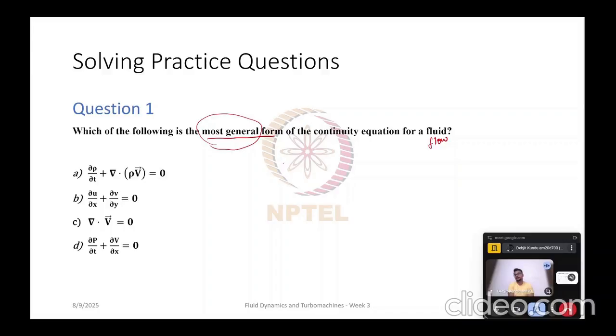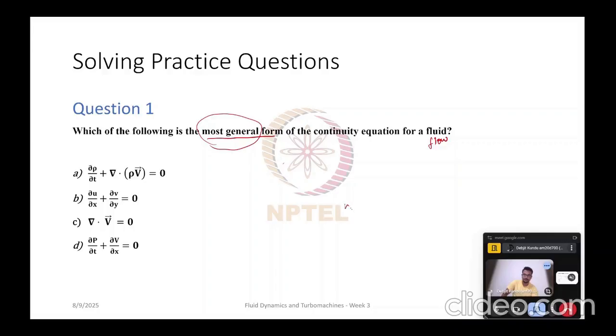Or is it option C, divergence of v vector is equal to 0? Or is it option D, dou p dou t plus dou v dou x equal to 0? So I beg your pardon, this is not grad, but this operator is the divergence operator.